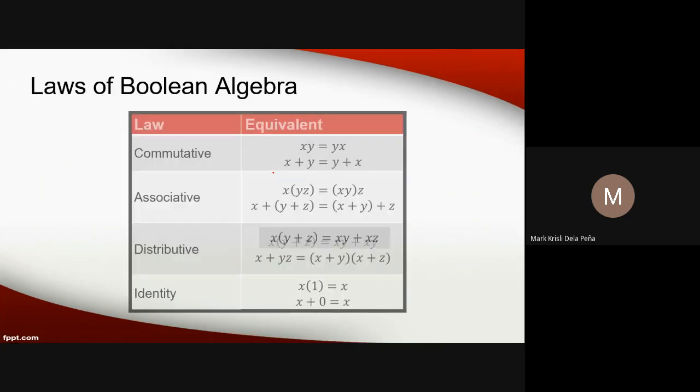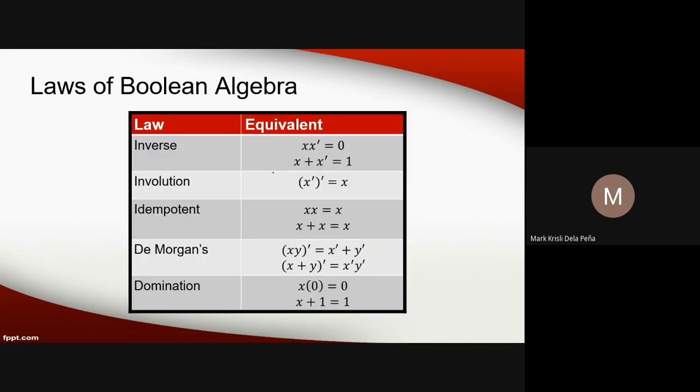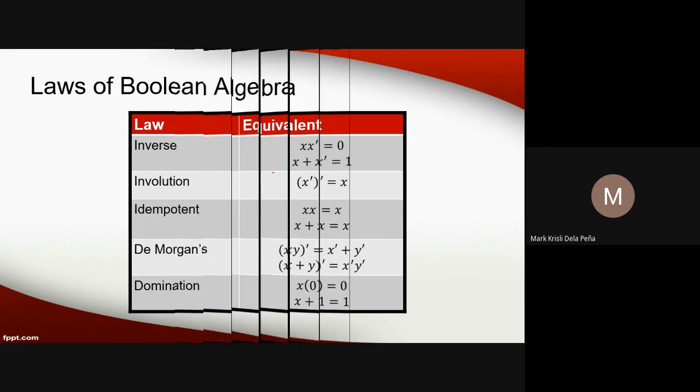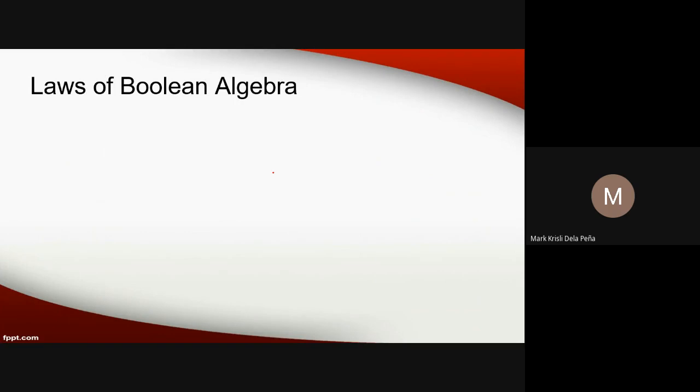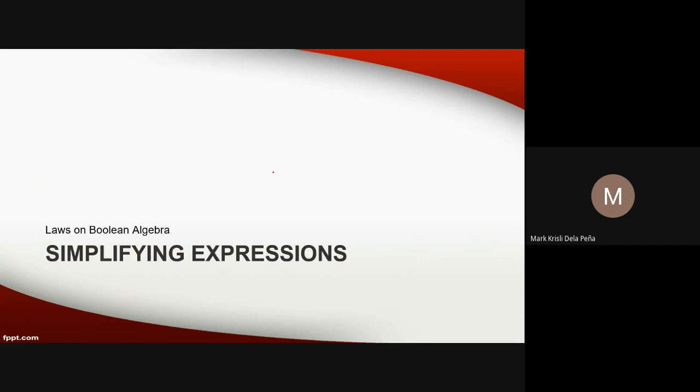So we have commutative, associative, distributive, identity, inverse, involution, idempotent, De Morgan, domination, and next, absorption.